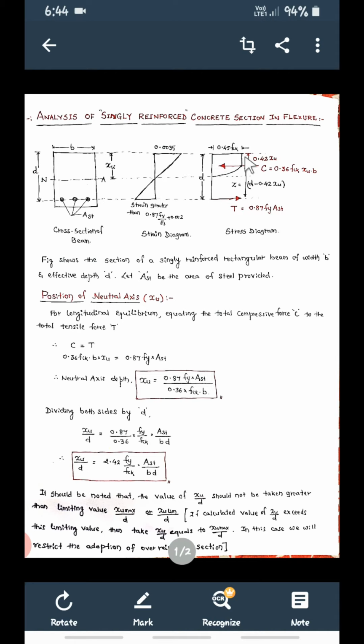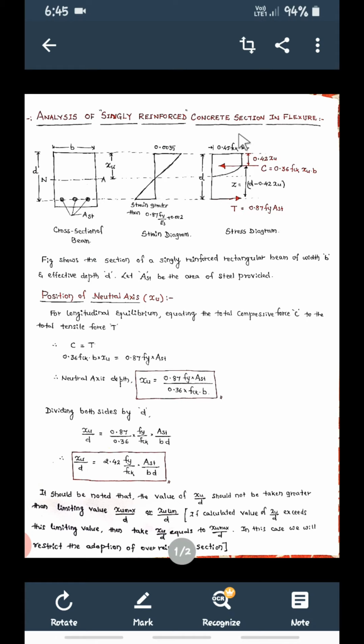Now see, this is 0.45 FCK. Can you remember from the previous article how we got this 0.45? FCK is the characteristic strength. This FCK is multiplied by the 0.6 factor, FCK into 0.6, then divided by the partial safety factor 1.5.